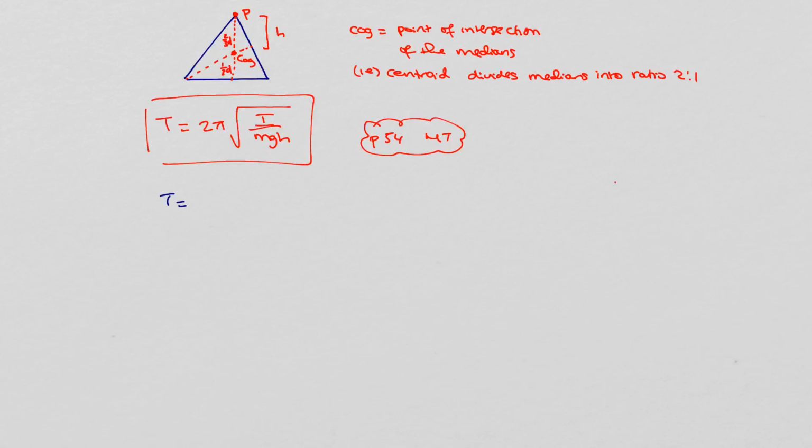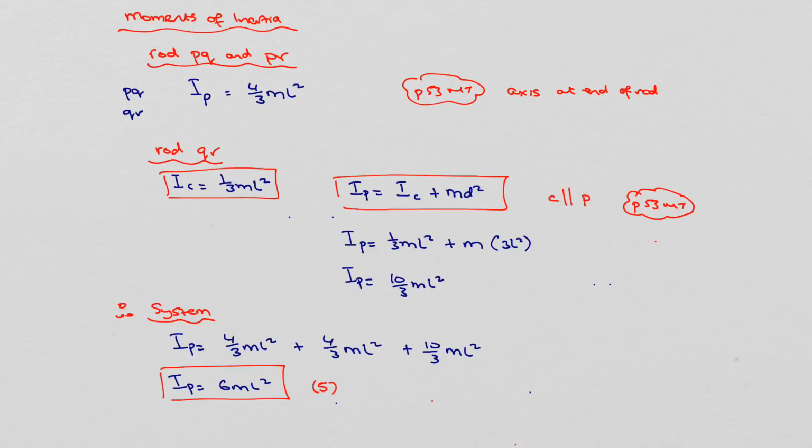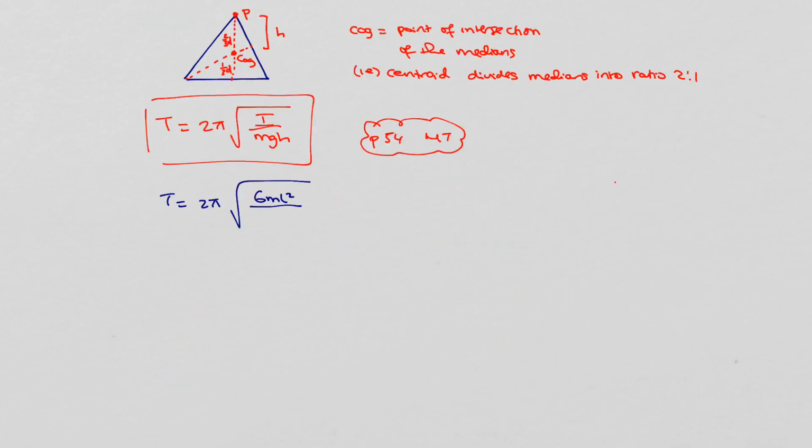So if we sub in our values, we have 2 pi times the square root of I, which we've worked out to be 6ml squared. The mass is of the system, not just the one rod. So we have m for P, m for Q, and m for R. So the mass of the system is 3m times g, in other words our weight through the system is 3mg.